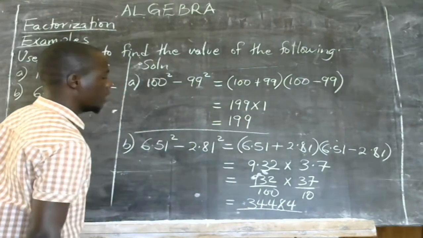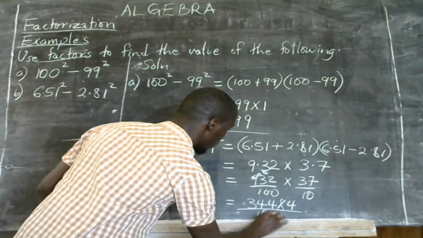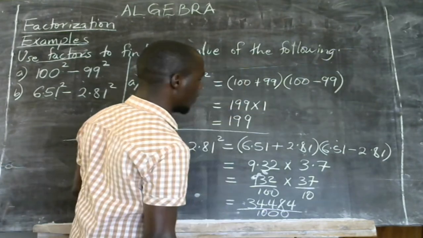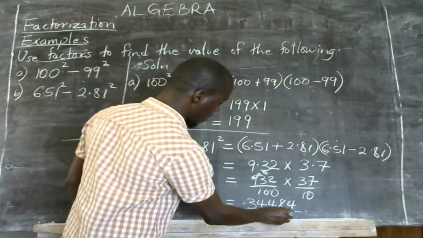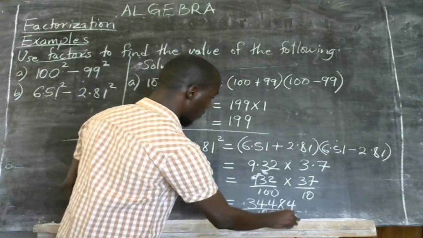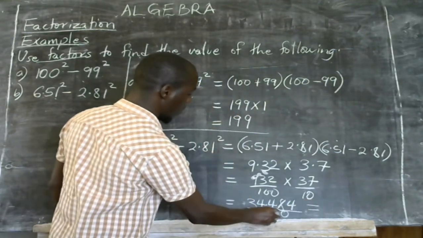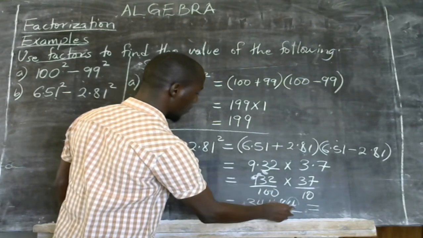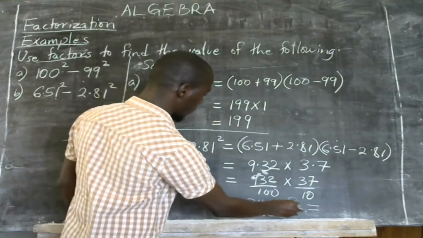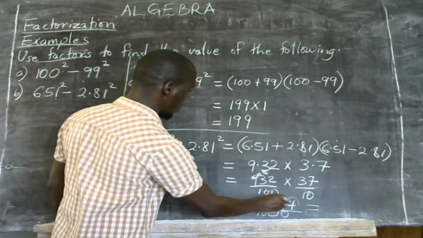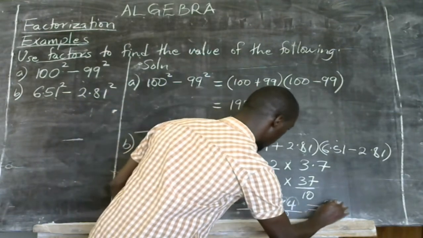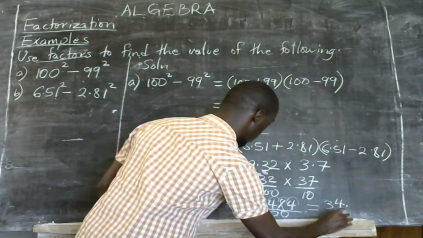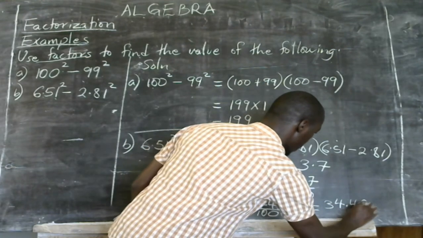Then the denominator, I'm having 1000. Then this one here, when I divide, the zeros are going to make the decimal place move 3 times or 3 steps back. So that is 1 2 3. So I'll be having 34.484.